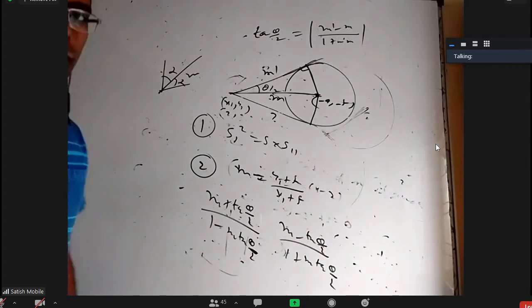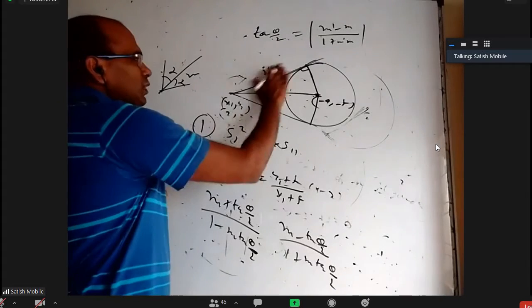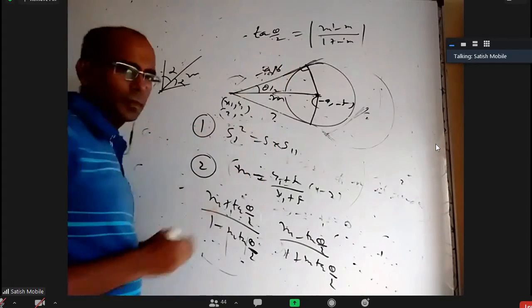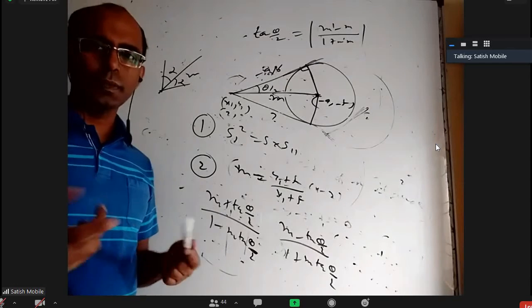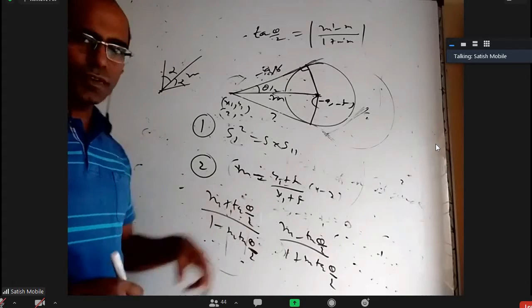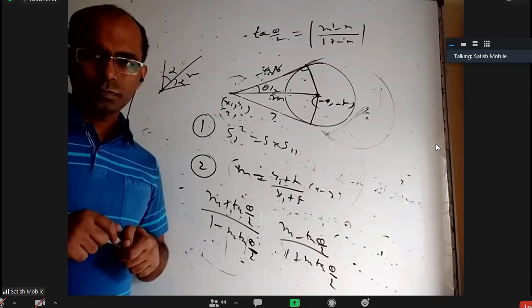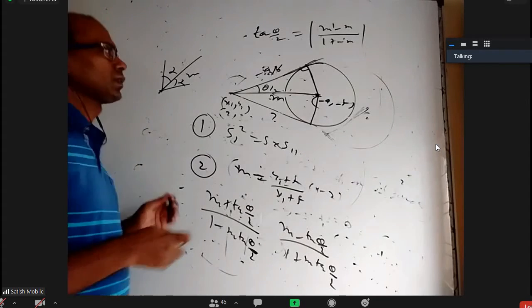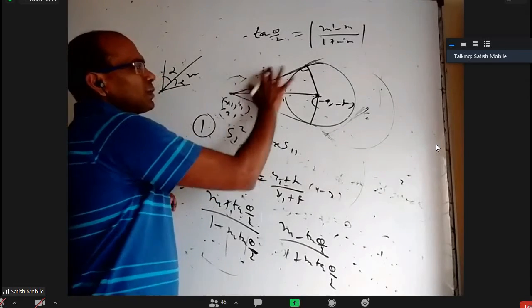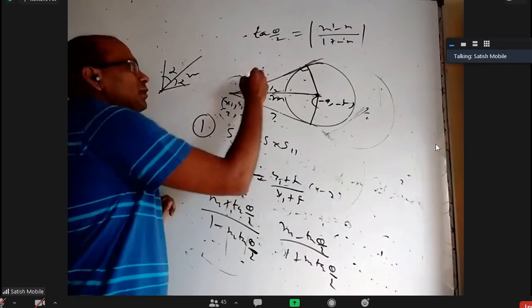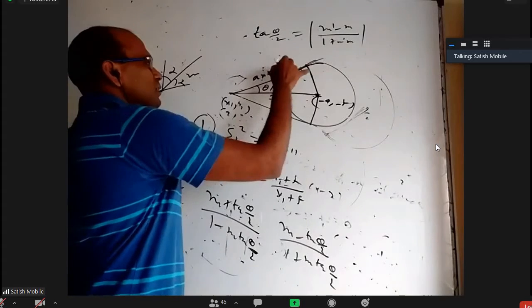All right. One way to avoid that is you can take the slope as a by b or minus a by b. Don't take m, take a by b or minus a by b. Use all these formulas. In one other case, you'll get a equal to 0 or b equal to 0. I'm not even saying the slope is minus a by b. I'm just saying it is in the form of ax plus by plus k equal to 0.